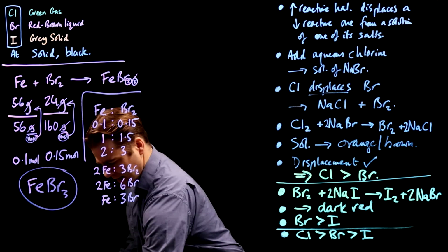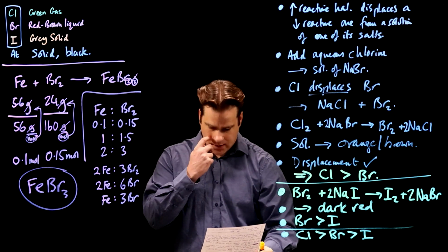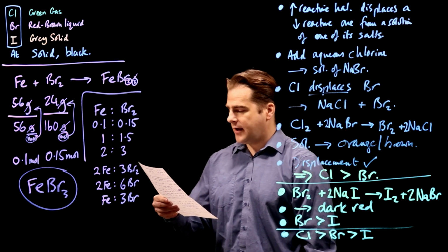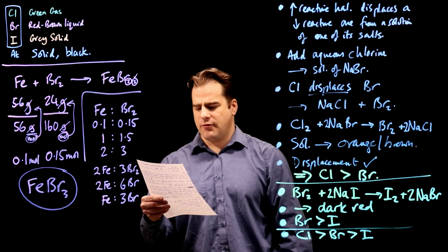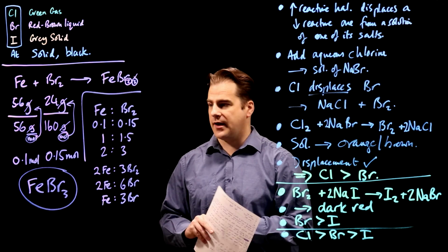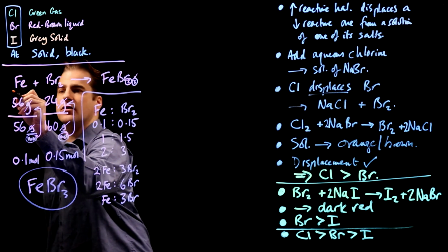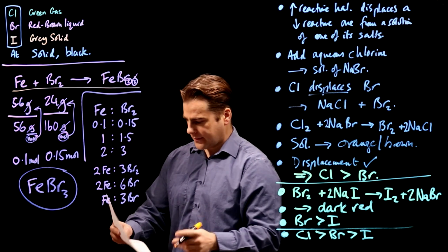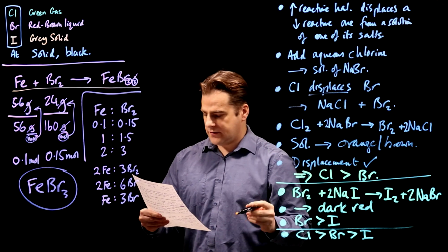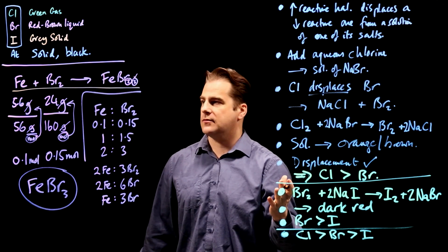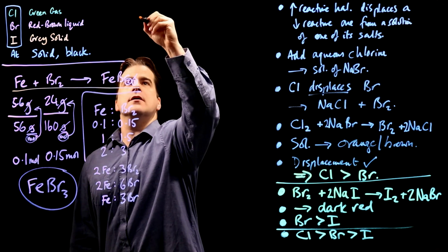Right, next question. When iron reacts with bromine, bromide ions are formed. Explain the type of reaction bromine atoms undergo when they are converted to bromide ions. Okay, so it's this reaction they're talking about again. So let's write out the equation so we know what's going on and balance it.